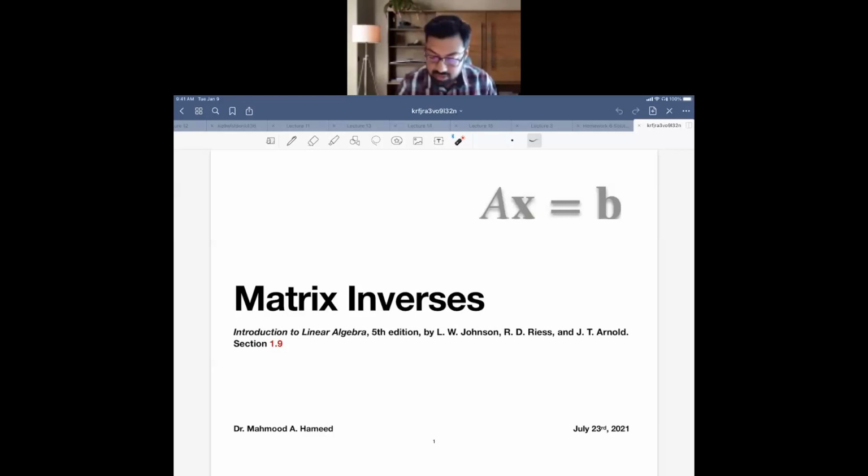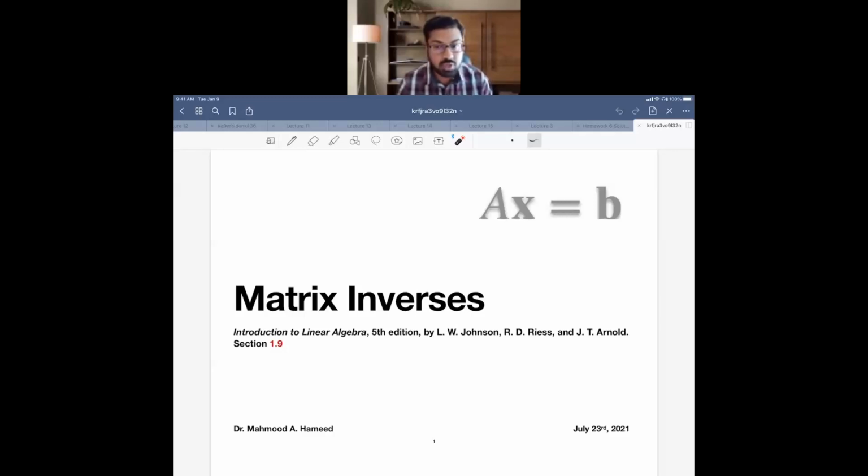So far, the way we have been solving for the vector of unknowns X is by forming an augmented matrix. The augmented matrix is formed by using the coefficient matrix A and the right-hand side constants B. And then we go through the reduction process, row-reduced echelon forms or the echelon form, and then we try to look at the solution set. And then we can comment about whether it has infinitely many solutions, no solution, or a unique solution. So that's what we have been seeing so far.